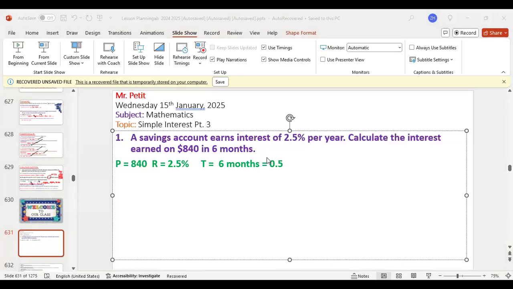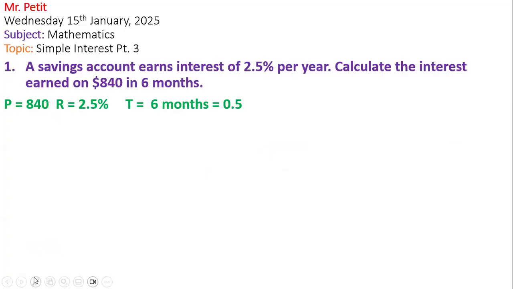So let me show you what we did. Basically, we said 6 months over what? Over 12, right? Because there are 12 months in a year.